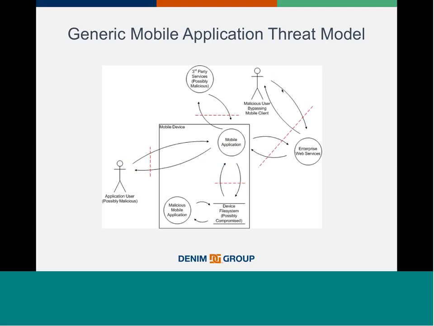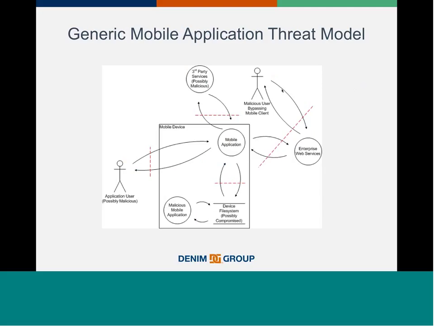You're storing information potentially on the mobile device. Maybe that file system has been compromised. We'll talk about jailbreaking and rooting. Maybe this user is malicious, but maybe they're not. Even if they're not malicious, maybe they have inadvertently installed malicious mobile applications on this device. So that's something that you may need to pay attention to from a design standpoint.